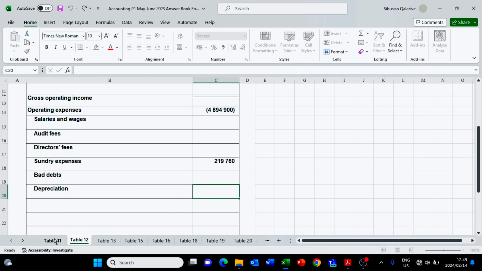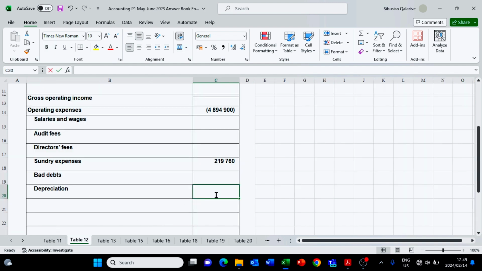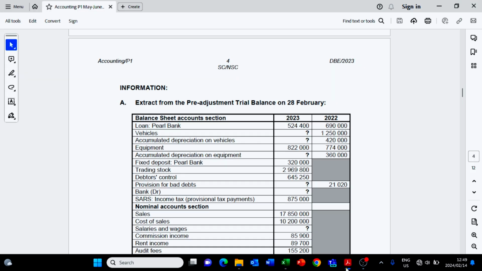It's 281,100. This is going to be our depreciation for the year ended February 2023. I hope we are together on that one.